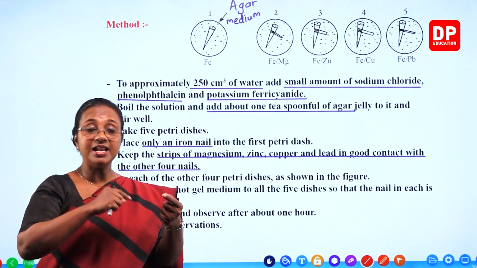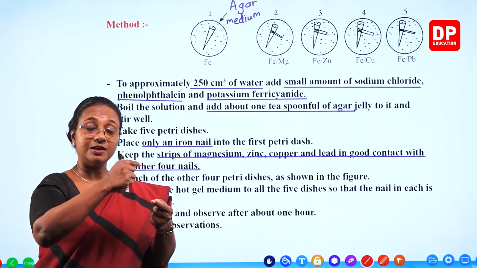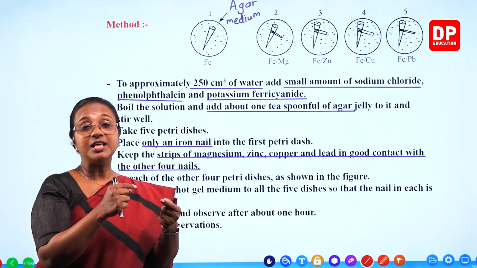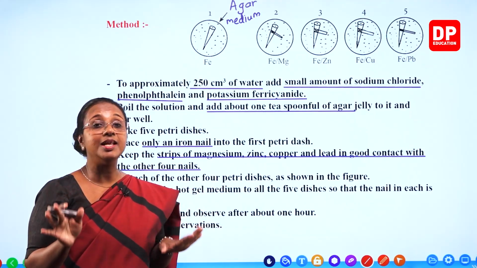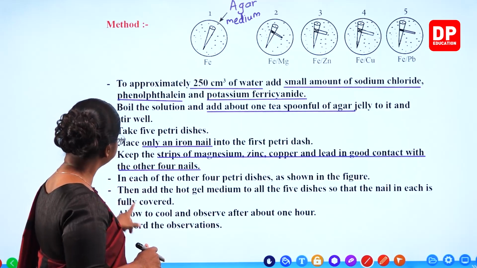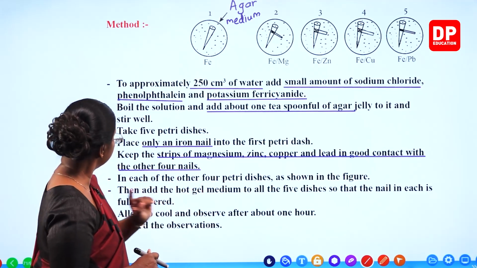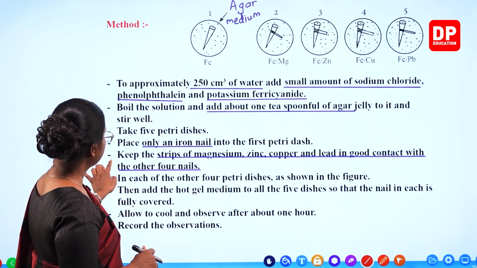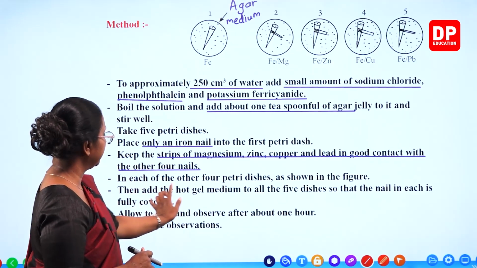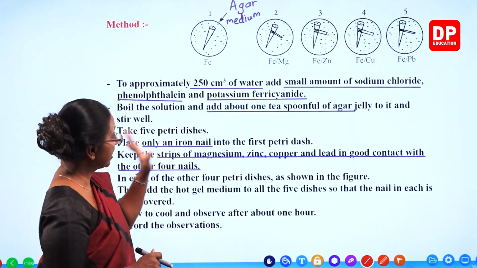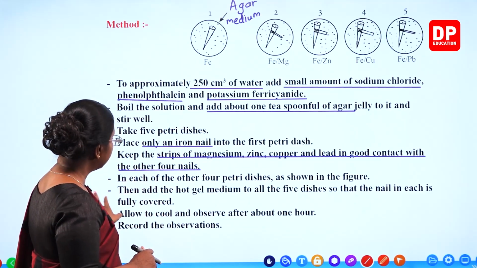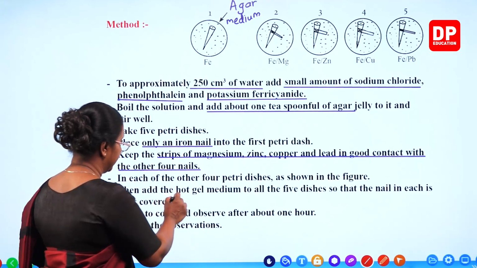If we make it like a loop and cover the iron nail, then it is completely in contact with the iron nail, in each of the other 4 petri dishes as shown in the figure. Then add the hot gel medium.